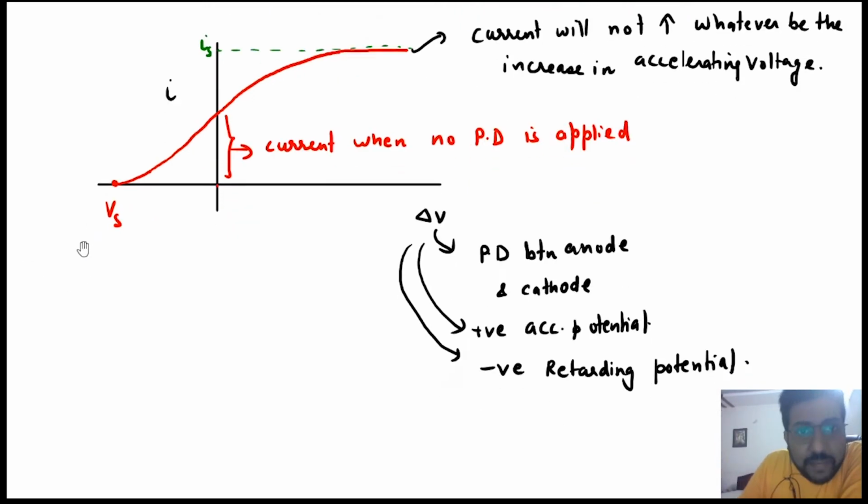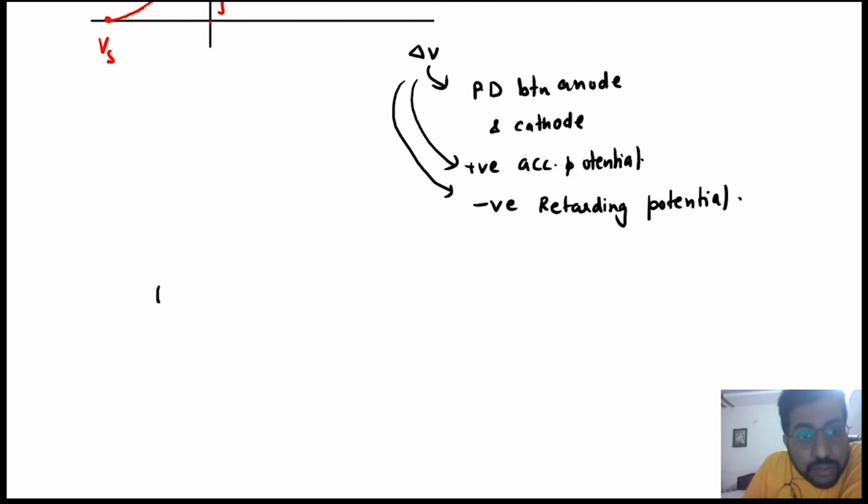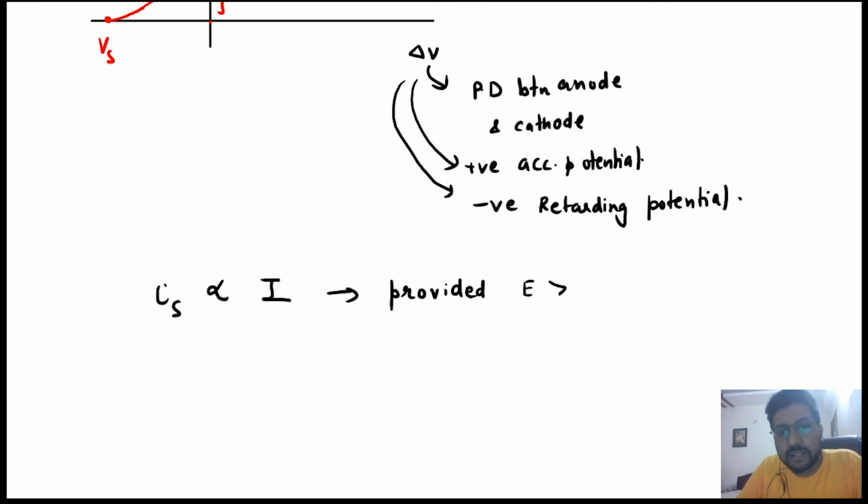Now coming to intensity again, this saturation current is directly proportional to the intensity. The more the intensity, the more the saturation current, again provided E is greater than the work function.